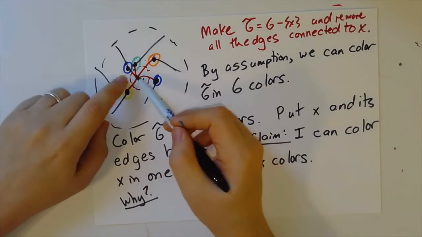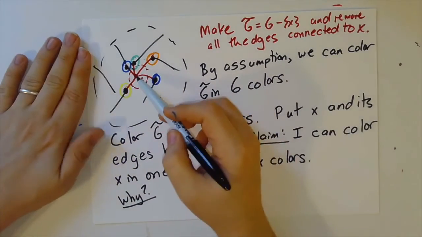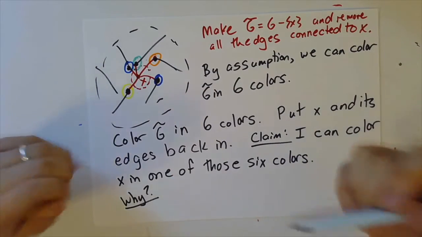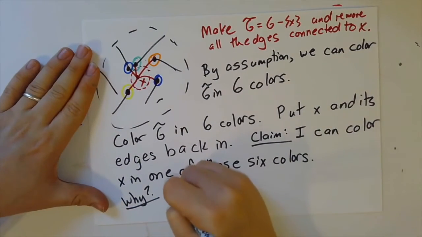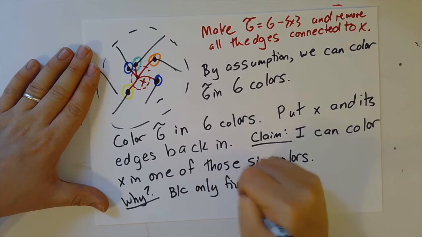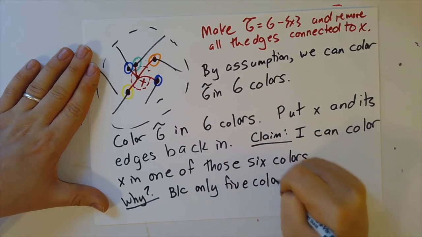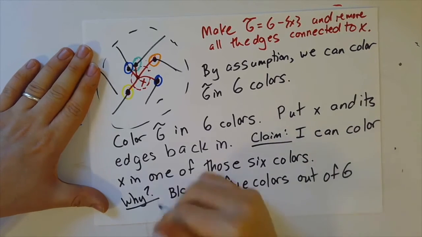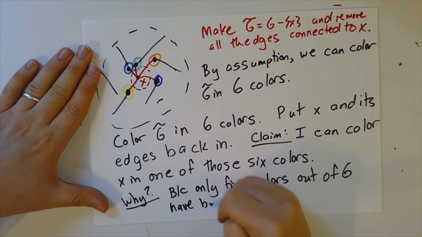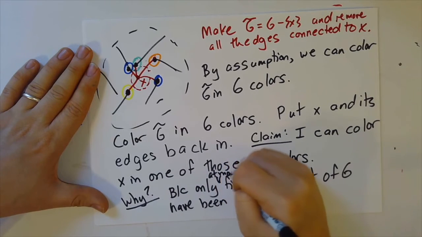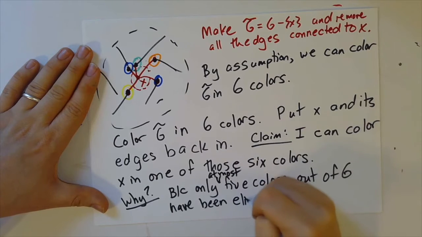Here I now have the degree of X, it's 5 or less, and so at most 5 colors are knocked out, but I've got 6 colors, great. Only at most 5 colors out of 6 have been eliminated.